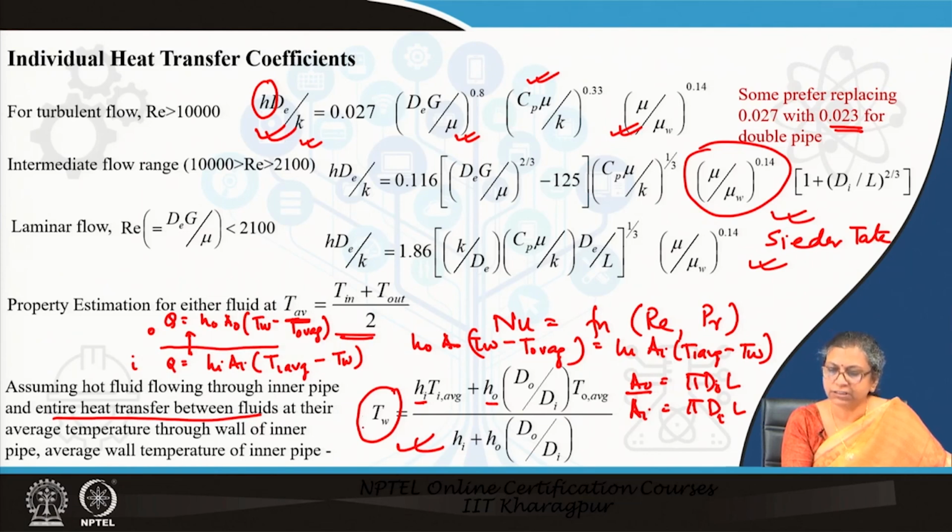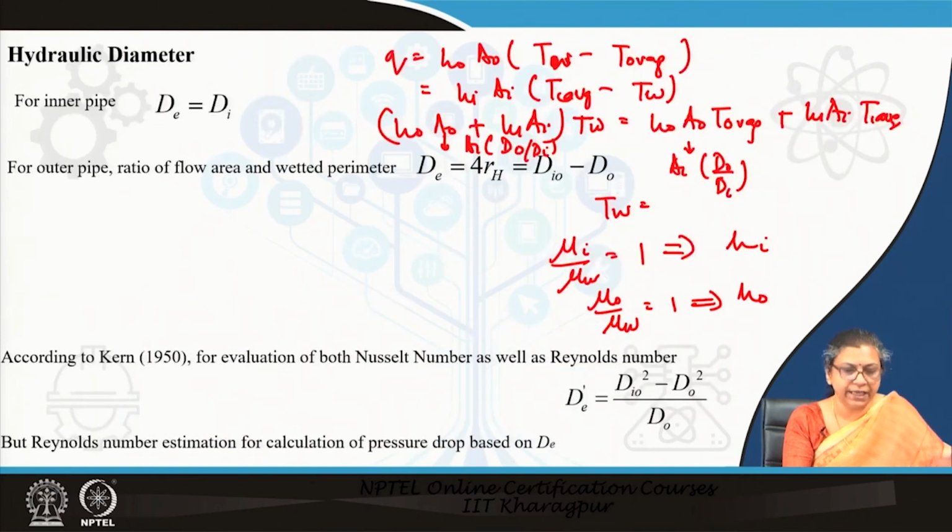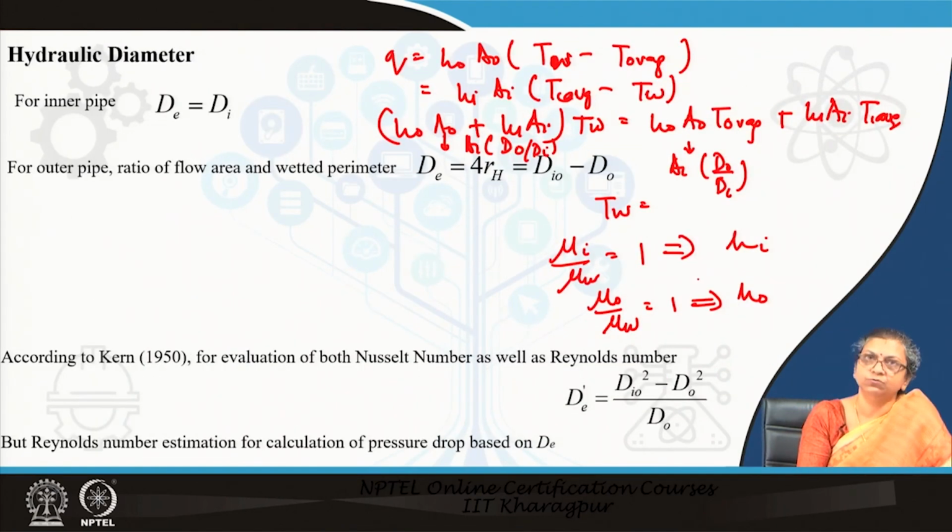Once you have found out TW, you can find out mu W. Now, you can evaluate mu by mu W, and then again you can find out HI and HO. Normally, we find that one iteration is usually sufficient, we do not have to go for further iterations here. So, in this particular way you can find out HI, you can find out HO. Once you have found out HI and HO, you can find out UO.